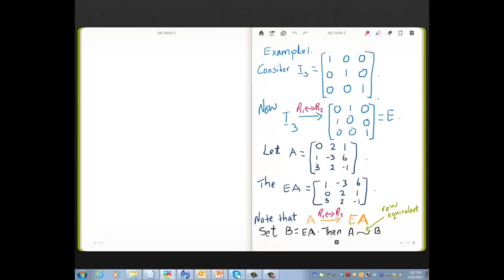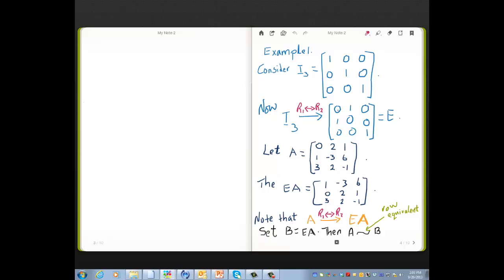Okay, here is an example. Consider I3, the identity matrix 1 0 0, 0 1 0, 0 0 1. Now let's perform a single elementary operation on I3, switching rows 1 and 2.